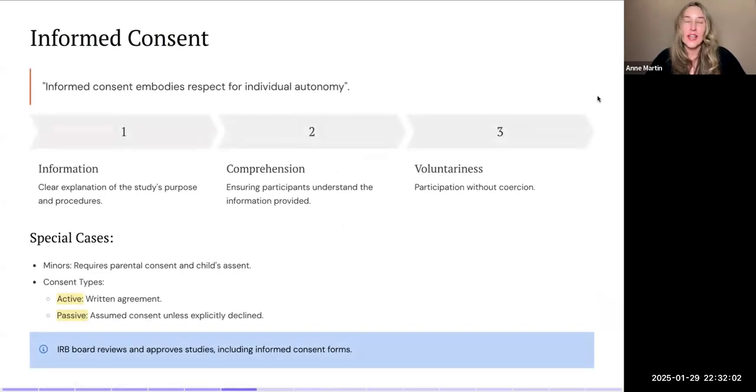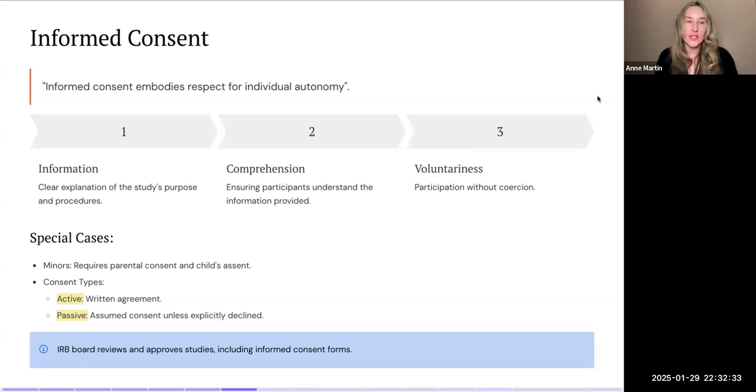One of the ways that researchers ensure ethical treatment of participants is through informed consent. Before participants begin participating in the study, the researcher is expected to inform them about the study, tell them about its purpose, procedures, and how they will protect their confidentiality, and then let the person decide if they want to participate or not.